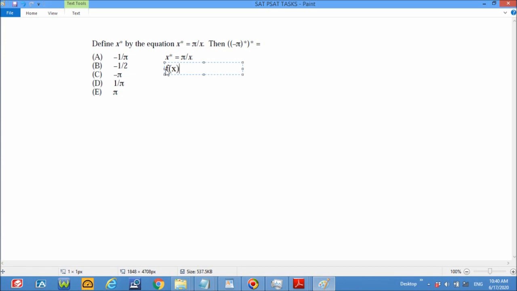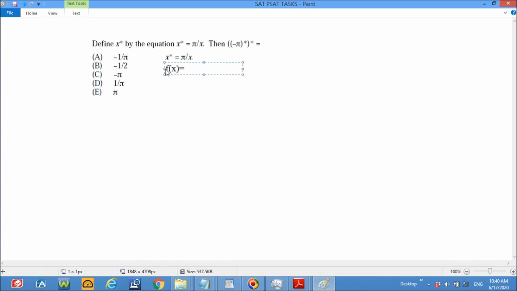So the star symbol we exchange with a function, because actually it's the same. A defined function is very similar to a function. So we rewrite this problem using ordinary function notation.